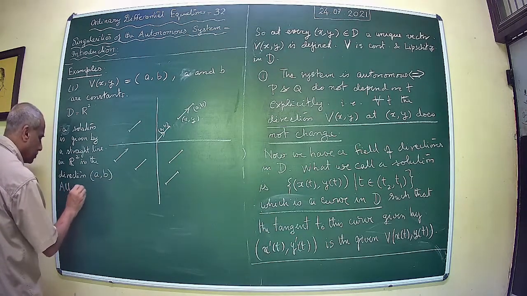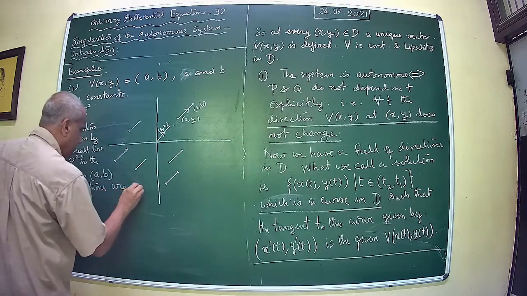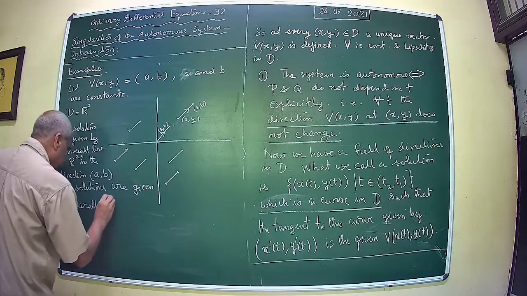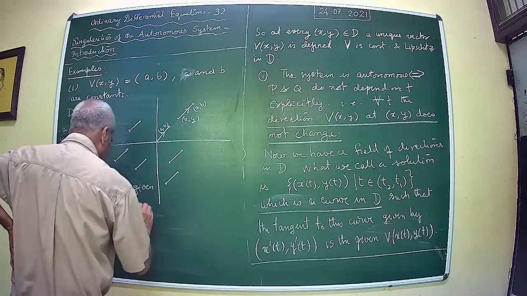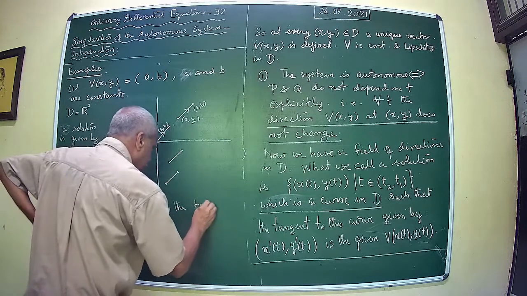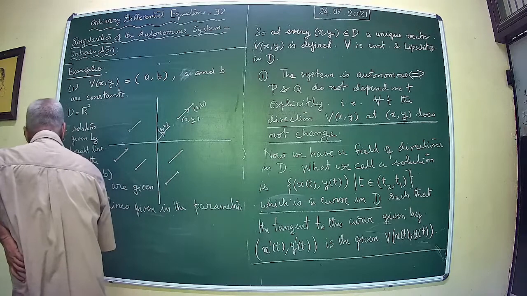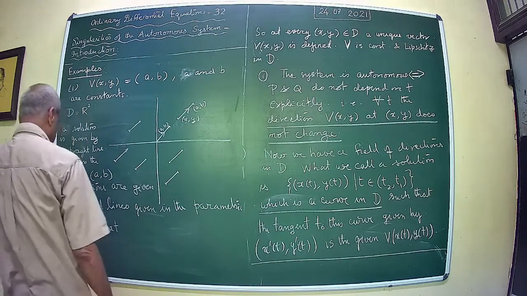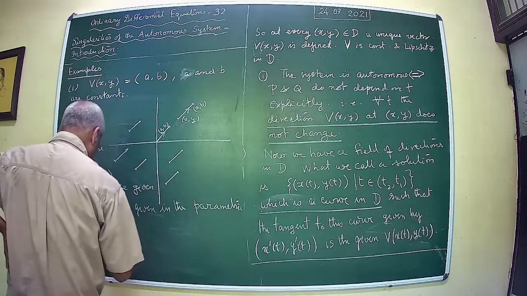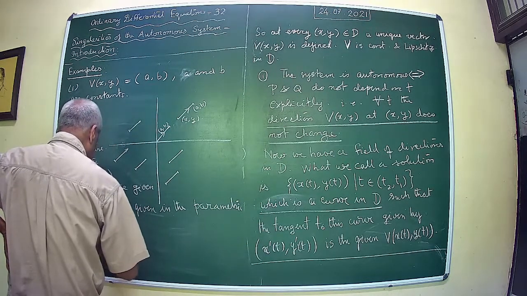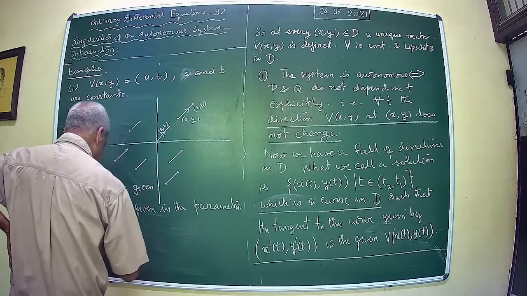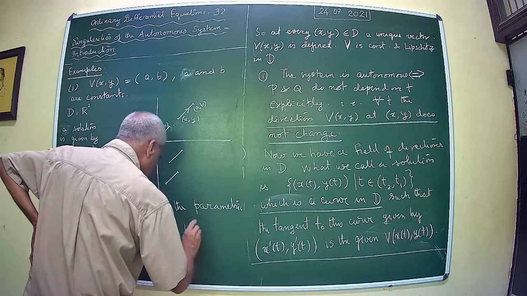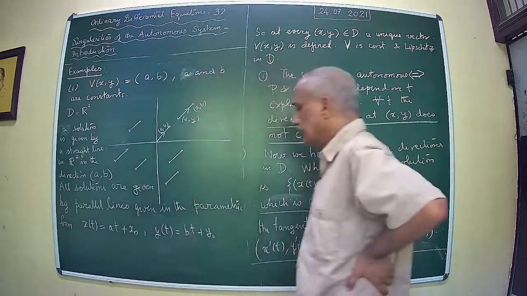All solutions are given by parallel lines, given in the parametric form (x0 + at, y0 + bt), where (x0, y0) is a given point.